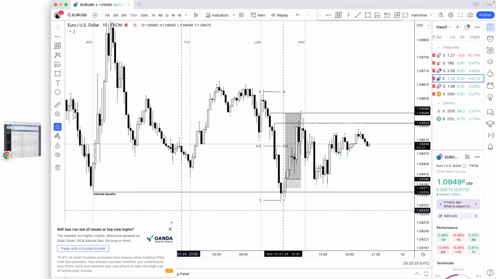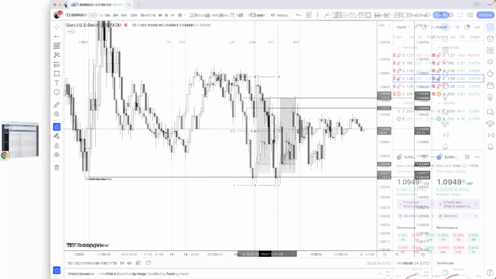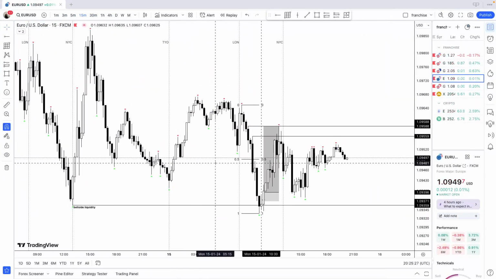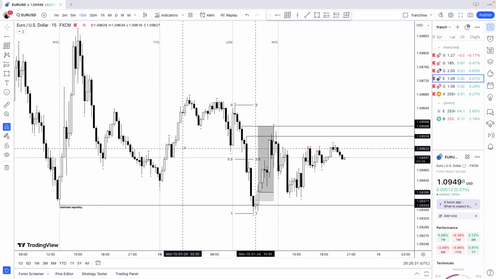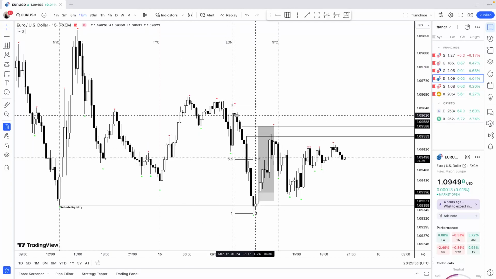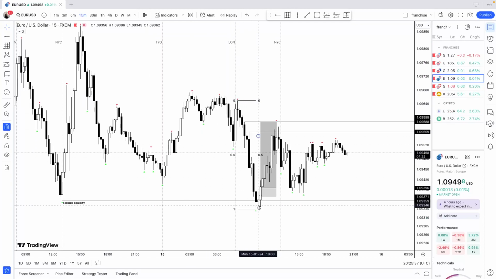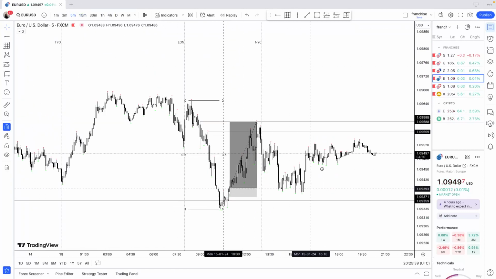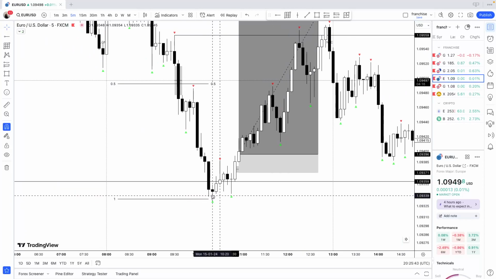We're going to look at Euro USD. Straight away, we've got sell side liquidity resting under here. Price comes in. We've got our high up here from our low here, which gets set in the 5-minute time frame right here.